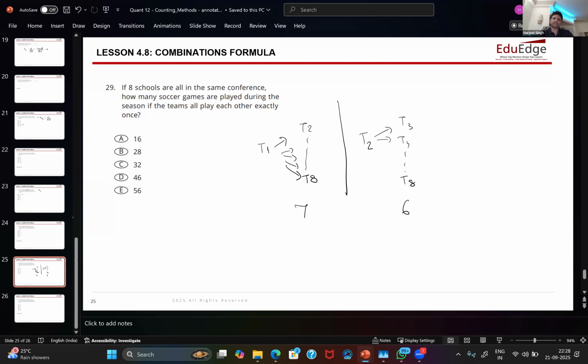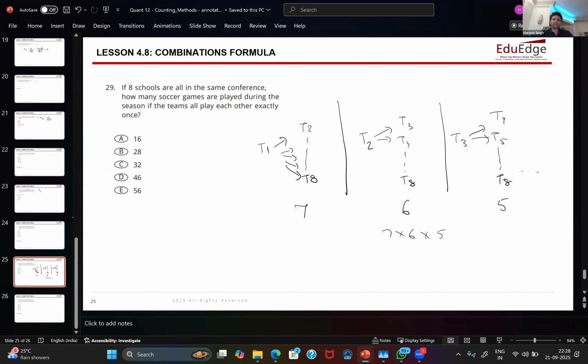Obviously 6 ways, one less. And we keep on doing this. T3 can now play with T4 because you can't combine T1 and T2 here. Already that match has happened. So T3 with T4, T5 all the way till T8. Those are 5 and so on and so forth. So answer is 7 into 6 into 5.